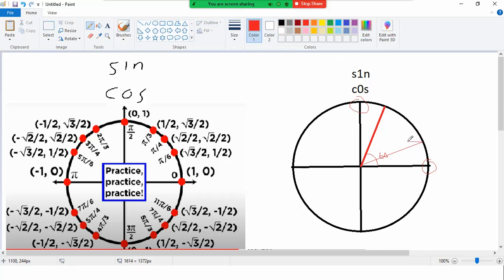Then this right here, oh, that's too much red. This right here is going to be half of the y-axis. Okay, so you can see this right here. So half of the y-axis.